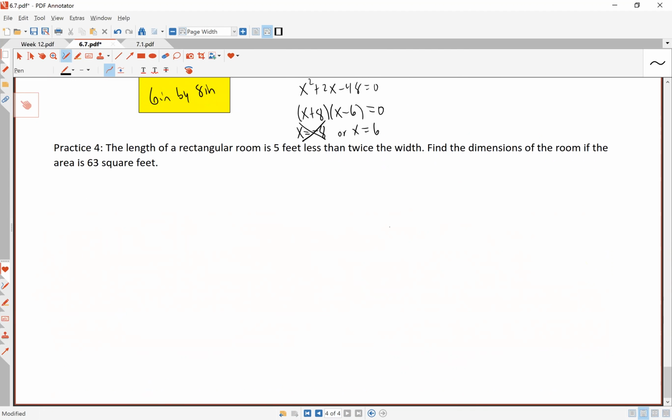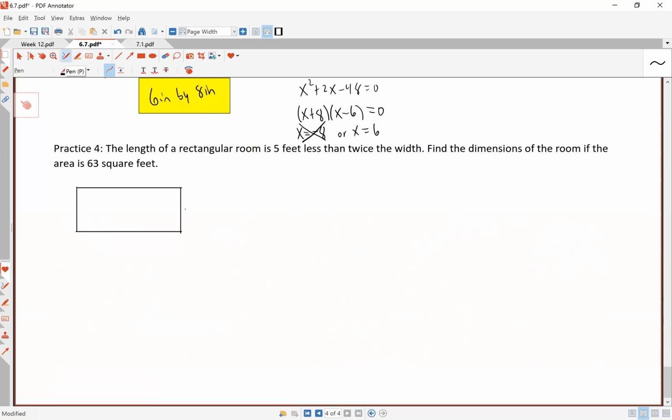You have a rectangular room, and its length is 5 feet less than twice the width.